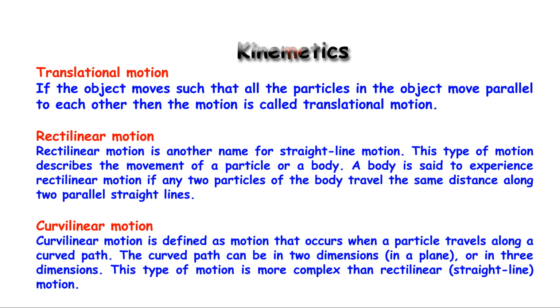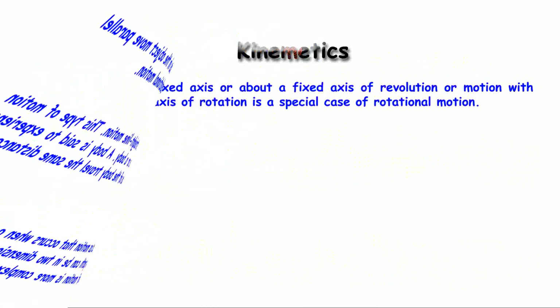Rectilinear motion is also known as straight line motion, and here the object propagates in a straight path. As a result, it experiences a linear pathway movement. But for the curvilinear motion, the motion of the object may follow two or three dimensions. As a result, this is more complex than the rectilinear motion.